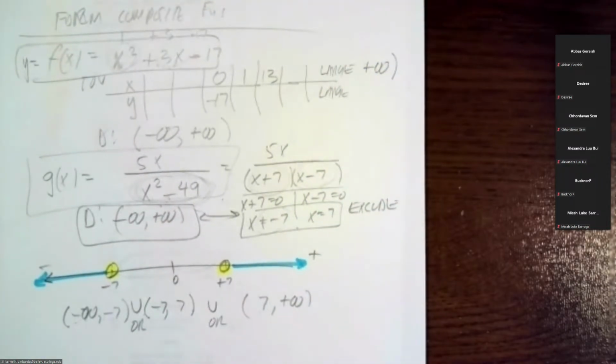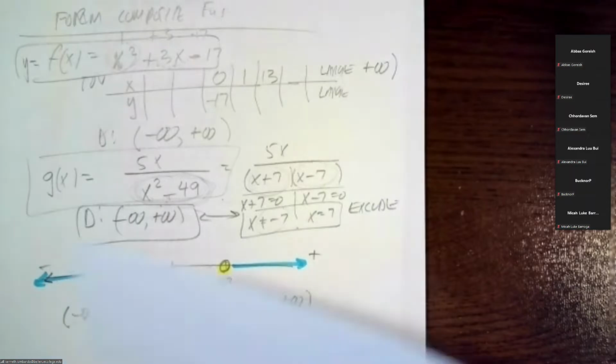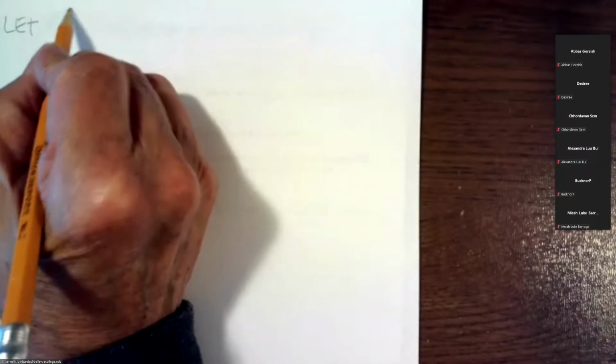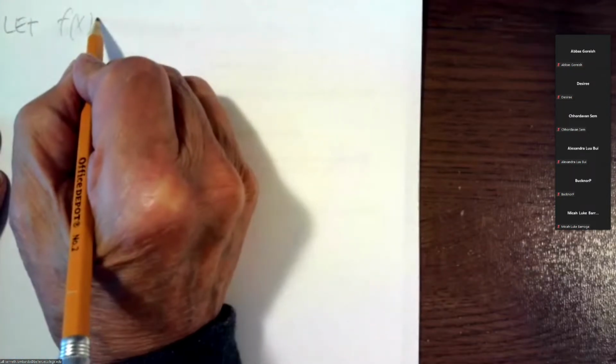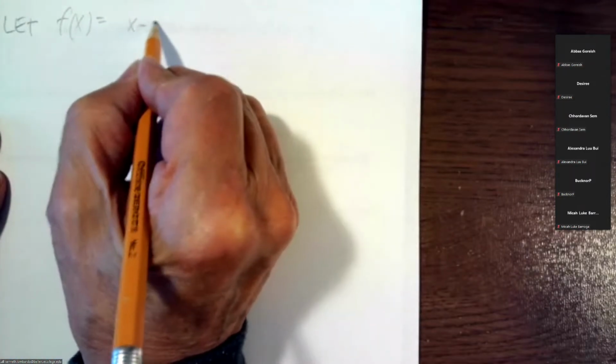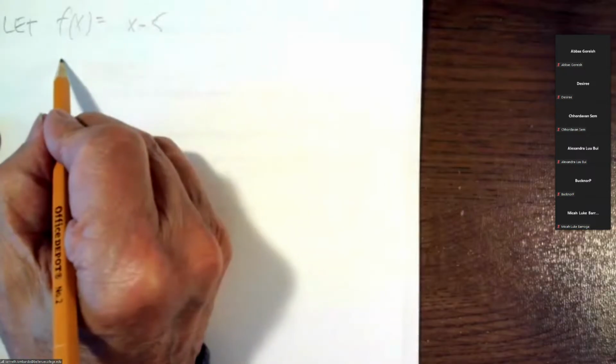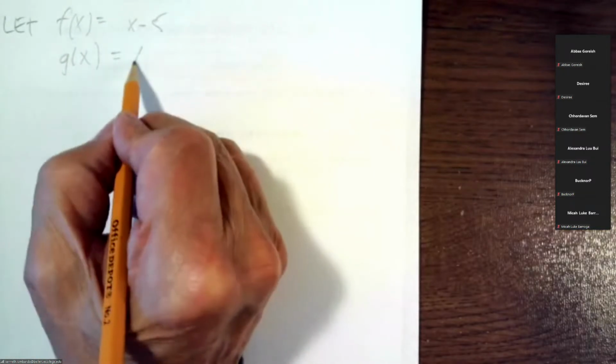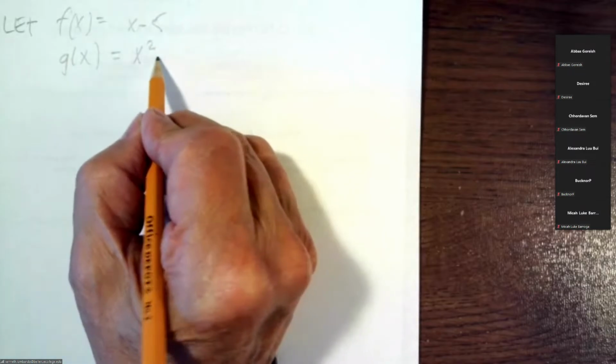All right, let me try another example here. If I say, let f of x equal x minus 5, and I let g of x equal, let's say, x squared minus 1.